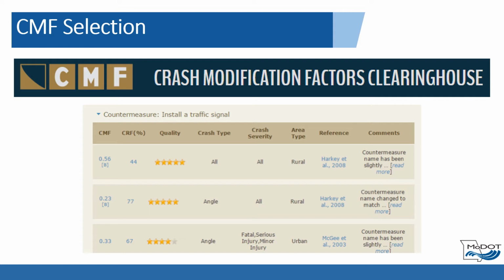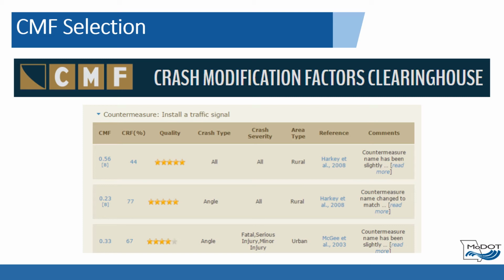The rating is based on several factors, including design of the study, sample size, data source, standard error, and potential biases. The clearinghouse also assigns star quality ratings for CMFs provided in the Highway Safety Manual.